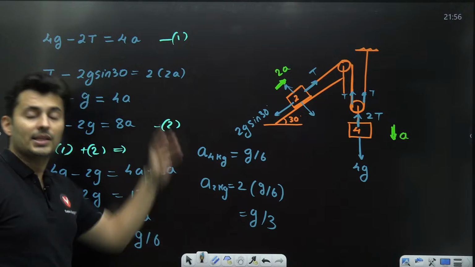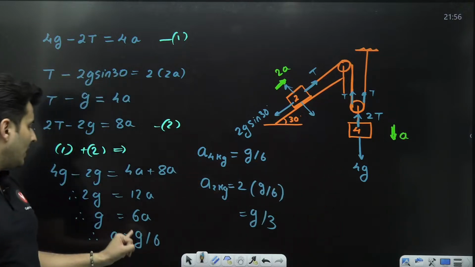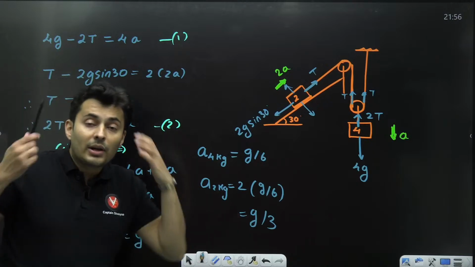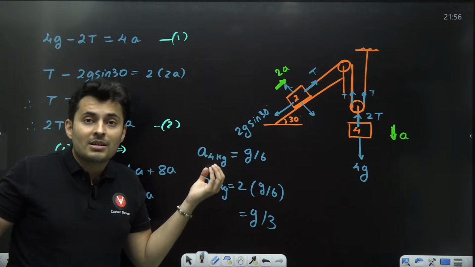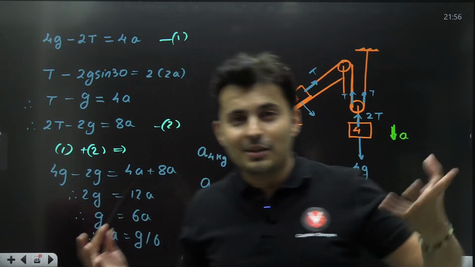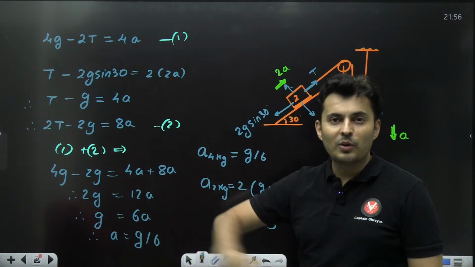A lot of students, after solving this question, mark the answer as g by 6 instead of g by 3. They forgot what was asked in a lot of enthusiasm, in that positive mindset. Oh sir, I got the answer. You got it as g by 6, you will be very happy and you will mark it.